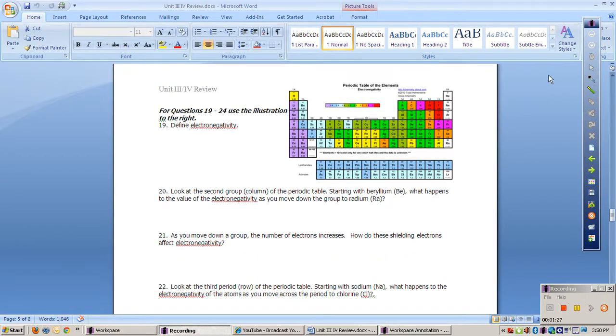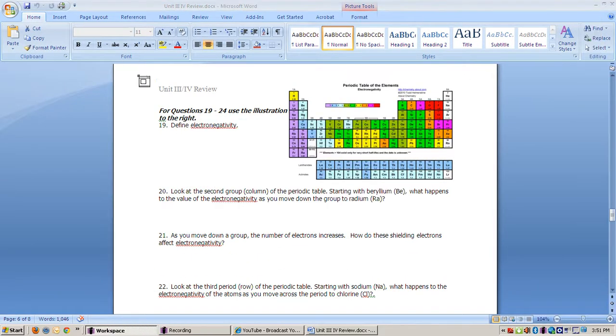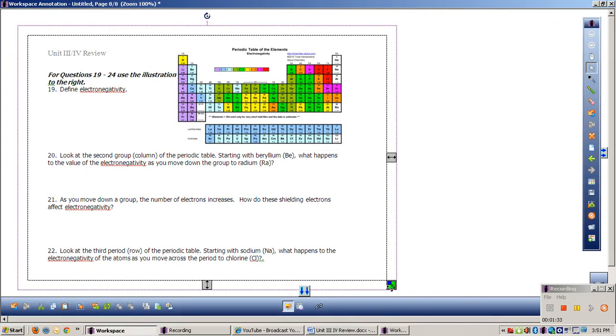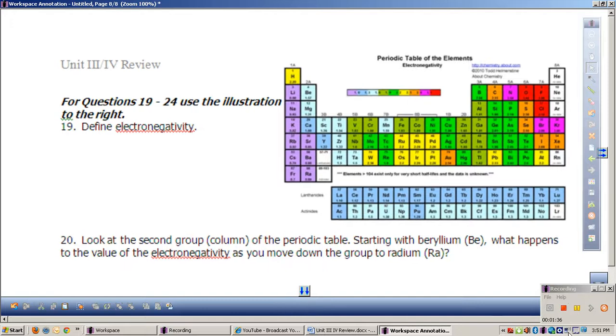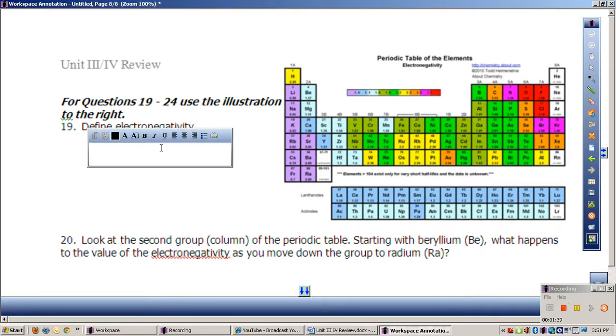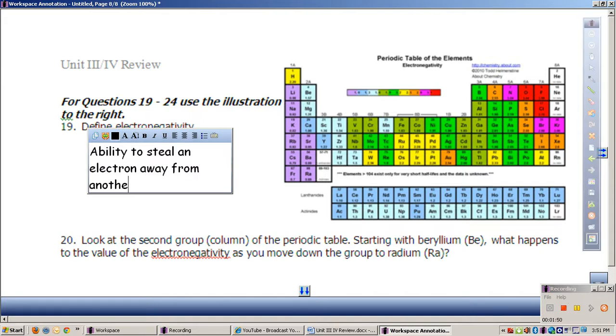All right, let's talk about electronegativity. Anybody have the definition of electronegativity in front of them? Exactly.